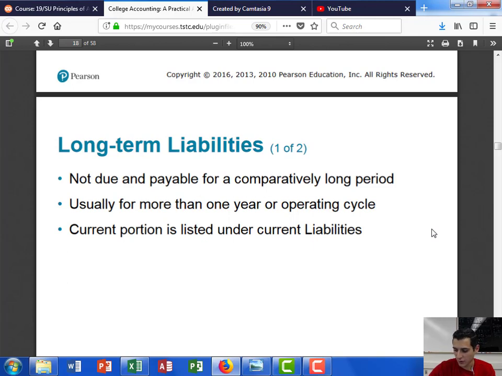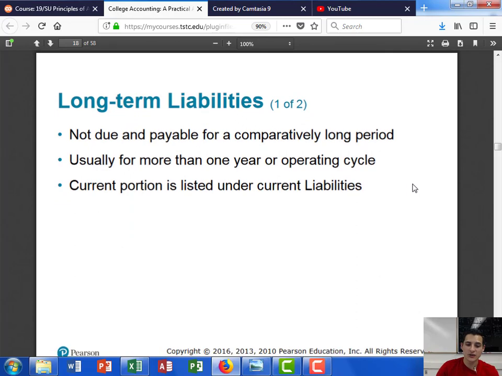So you need to be sure that there's going to be that current liability, that mortgage payment due, and then you have to put the remainder of that number in the long-term liabilities area, because that hasn't been paid off, and it's going to be paid off later on in the years.